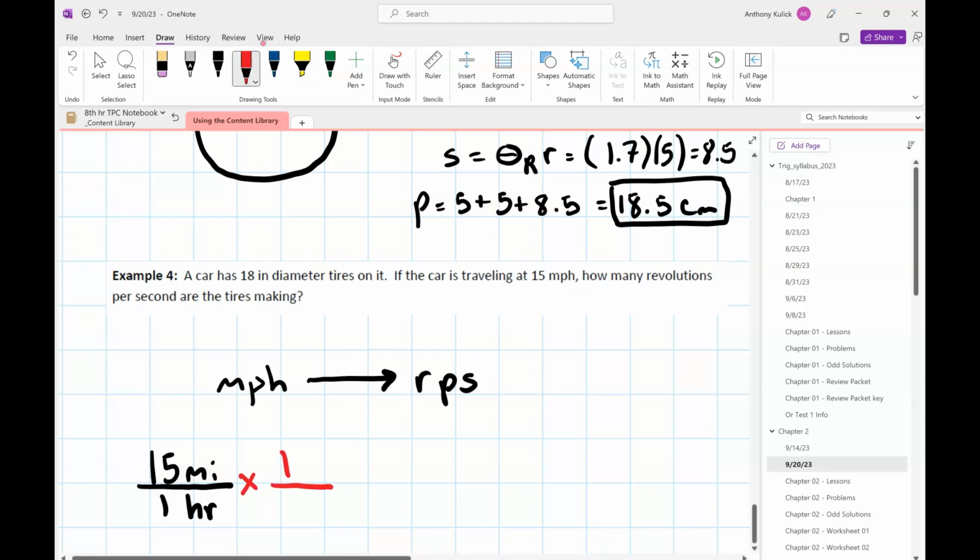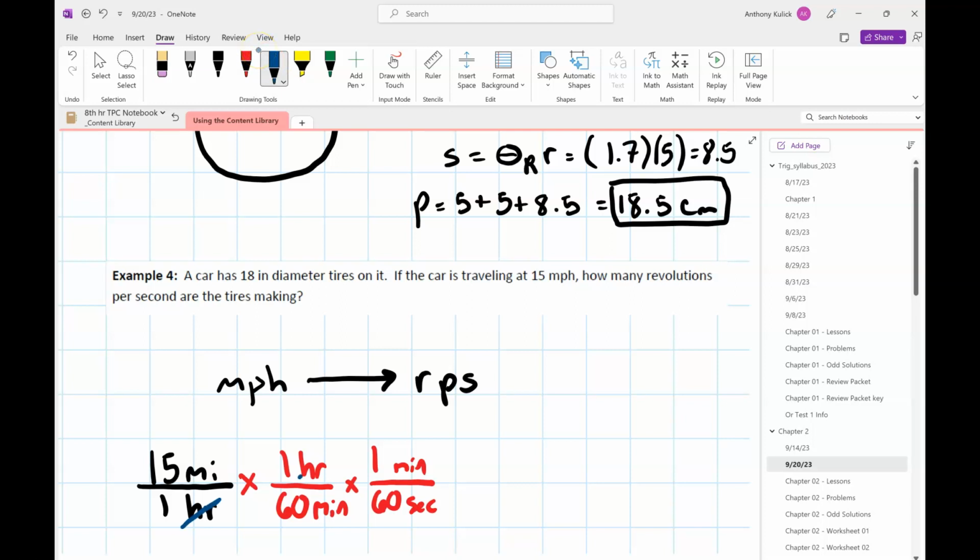Because I know that 1 hour is 60 minutes. And 1 minute is 60 seconds. So when I multiply these, the hours cancel with hours and minutes cancel with minutes. And now we're in miles per second. So we've done that part. We still need to do the miles to revolutions piece, though.